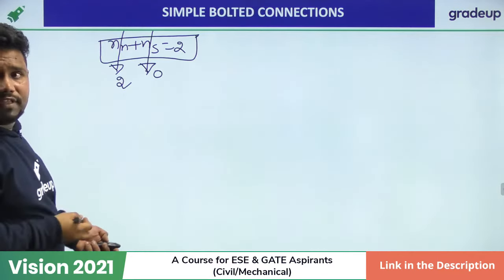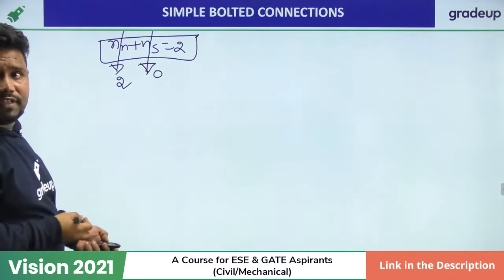If I apply a load here in this way, the main plates will experience bearing stress in one direction, whereas the gusset plate will experience bearing stress in another direction. Coming to main plate thickness, this is 6 and this is 6, whereas the gusset plate thickness is 8.